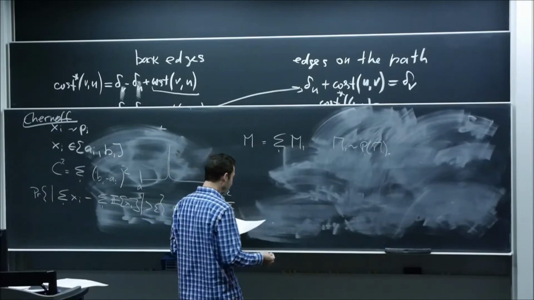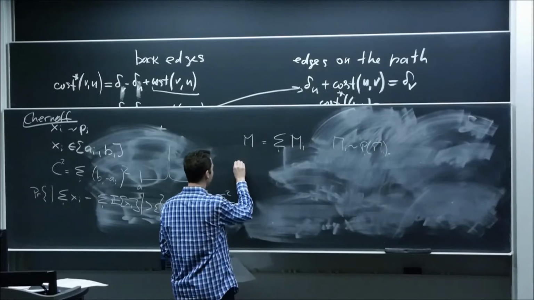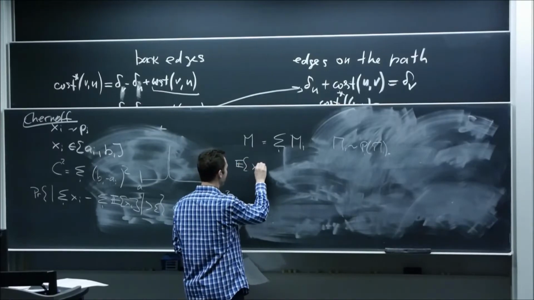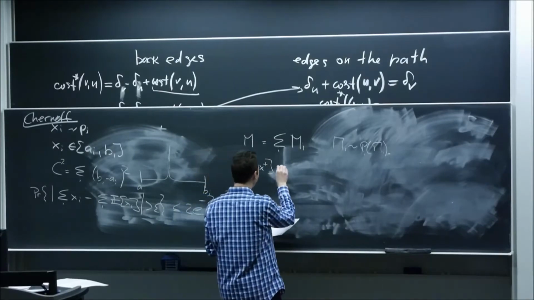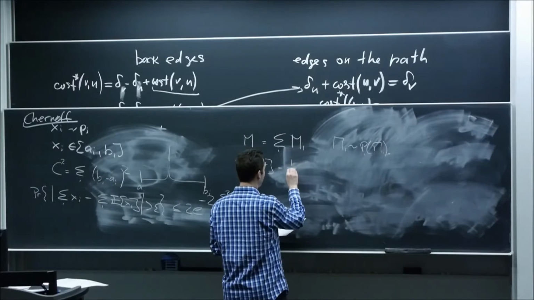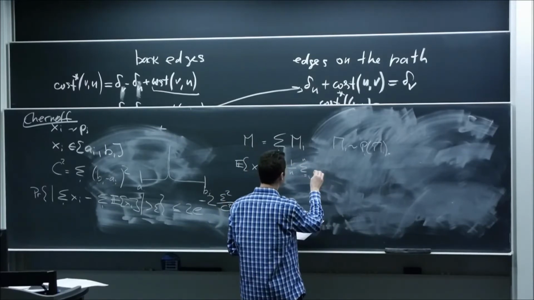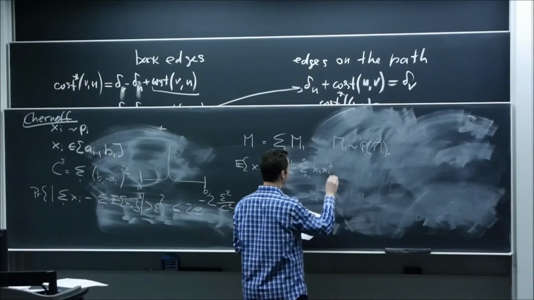So we all know that, for instance, the expectation of x x transposed, which is useful for a covariance, right, can be written as 1 over n sum over i equals 1 to n of x_i x_i transposed, right?